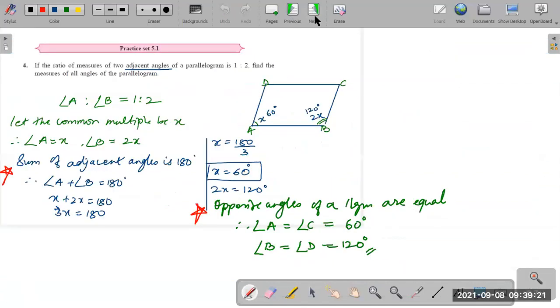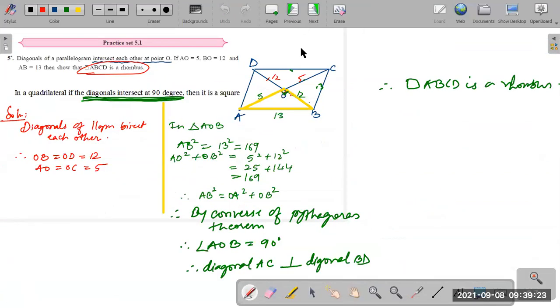And today we have studied one more important property. If we are asked to prove that a parallelogram is a rhombus, what are we supposed to do? We should just prove that the diagonals are perpendicular. If the diagonals intersect at 90 degrees, then that will become a rhombus.